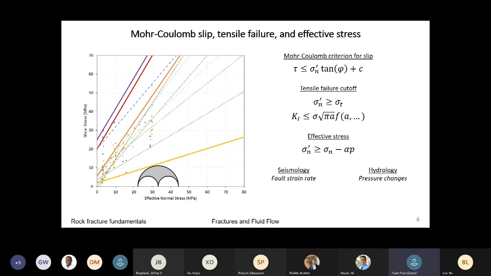Ultimately, this is the most commonly used criteria to predict when slip might occur on natural fractures. If you also include a tensile cutoff term, I find that to be pretty important. It can be forgotten sometimes if you're not paying attention to that top possibility. But in hydraulic fracturing, that's the focus area, so maybe not for you guys.